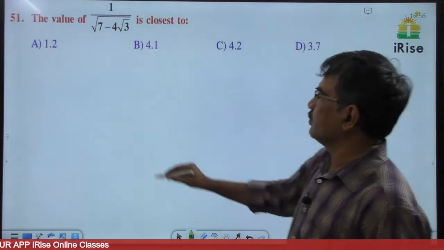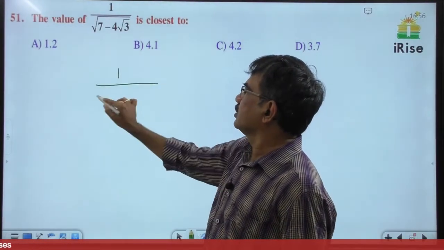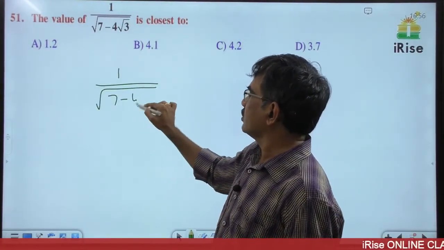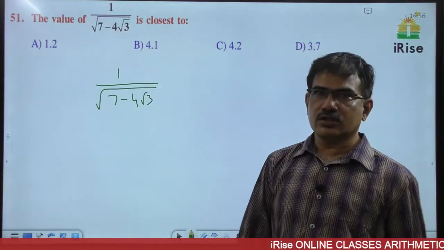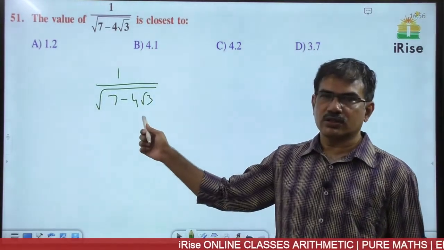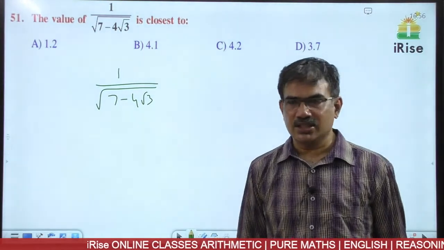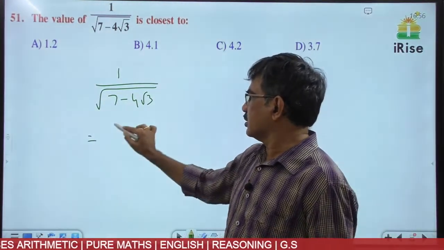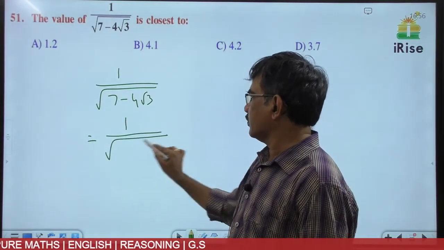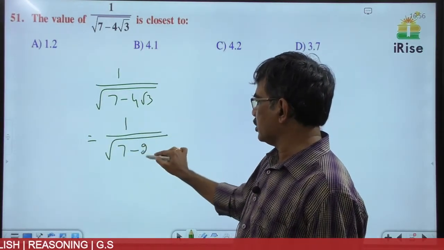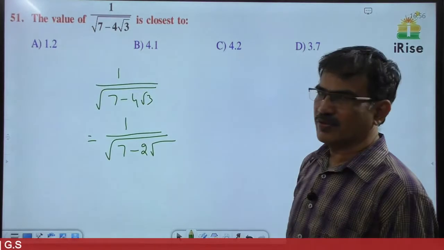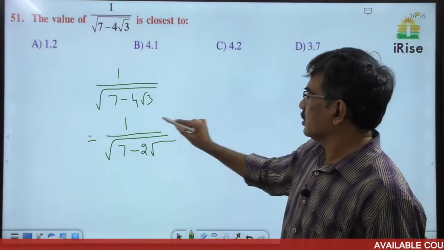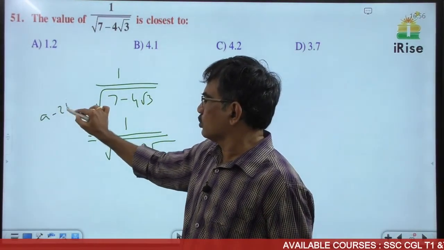What is the value of 1 by root of (7 minus 4 root 3)? In this question we have to find the square root. After that, rationalization. Very simple question. This can be written as 1 by root of (7 minus 2 times ...), only write 2 because I want to convert it into the form a minus 2 root b.